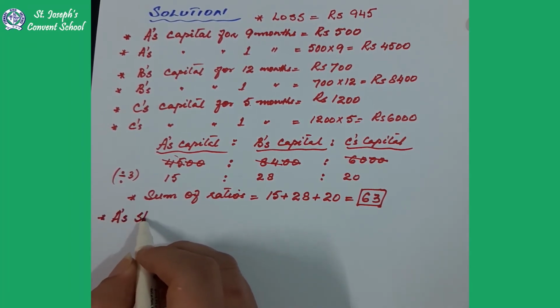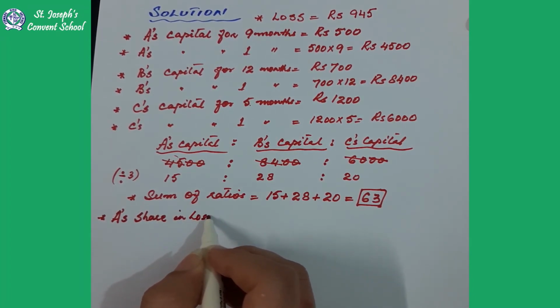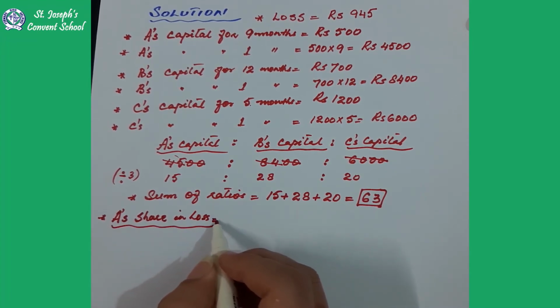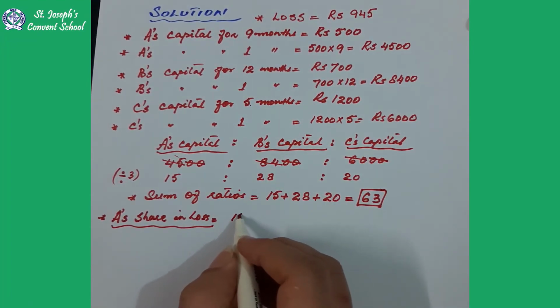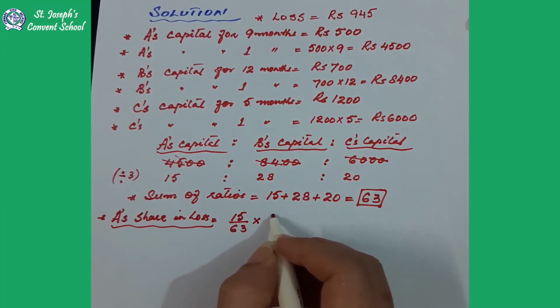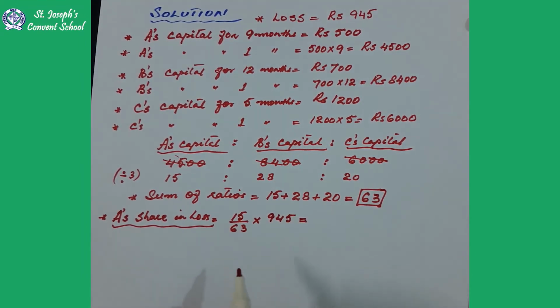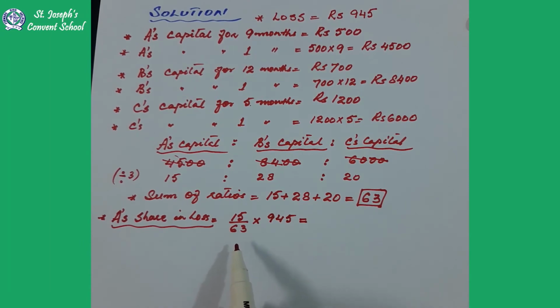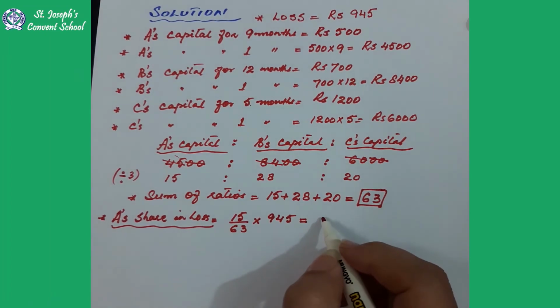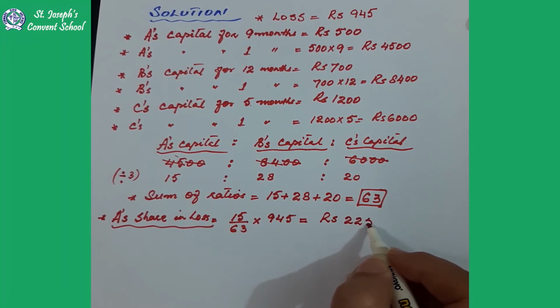A's share in loss. So A is 15 divided by 63 into loss, which is 945. You can calculate it with calculator. 15 divided by 63 multiplied by 945. So answer will come rupees 225. This is A's loss.